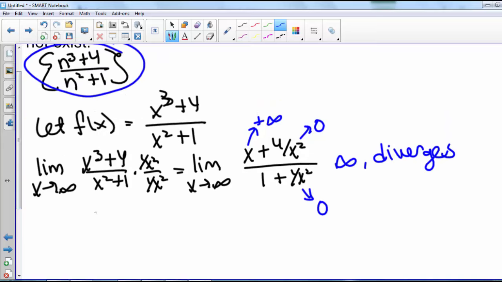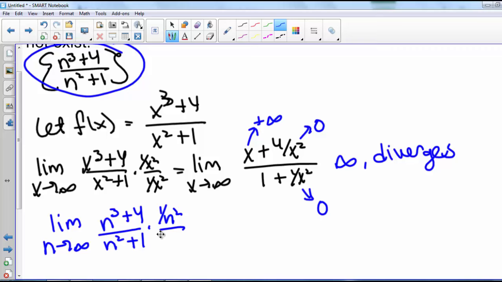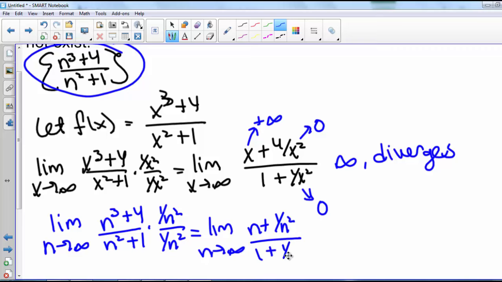So if we look at the limit as n goes to infinity of n cubed plus 4 over n squared plus 1, and we multiply the top and the bottom by 1 over n squared, then we get the limit as n goes to infinity of n plus 4 over n squared over 1 plus 1 over n squared.